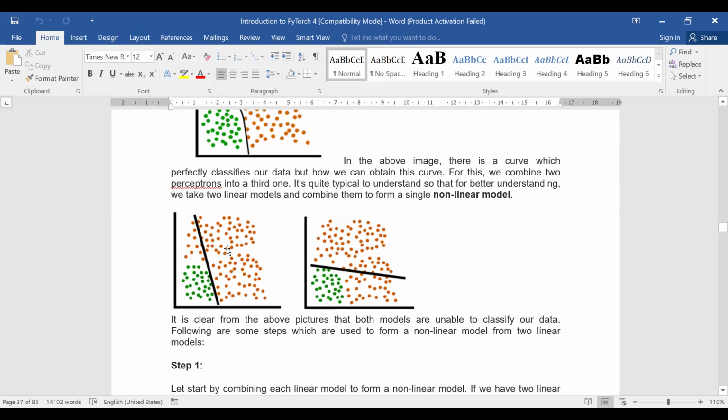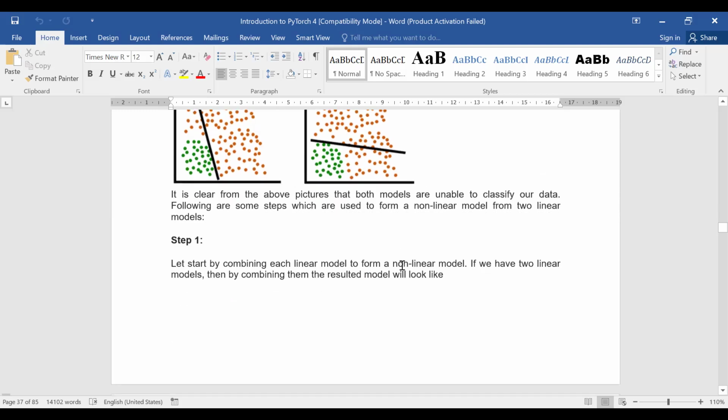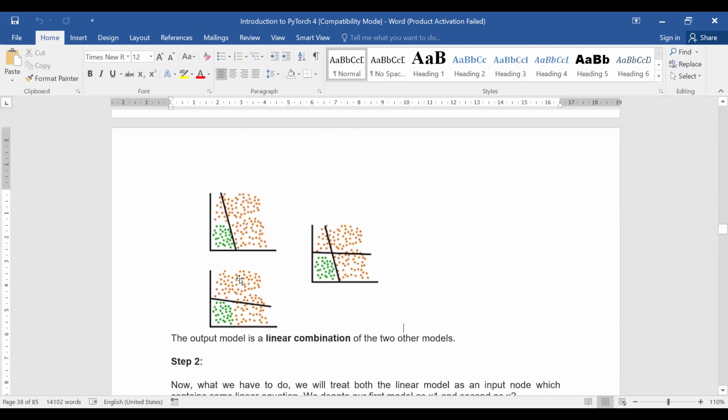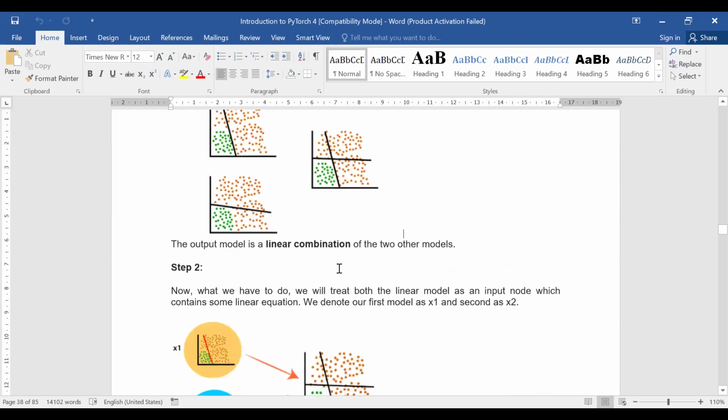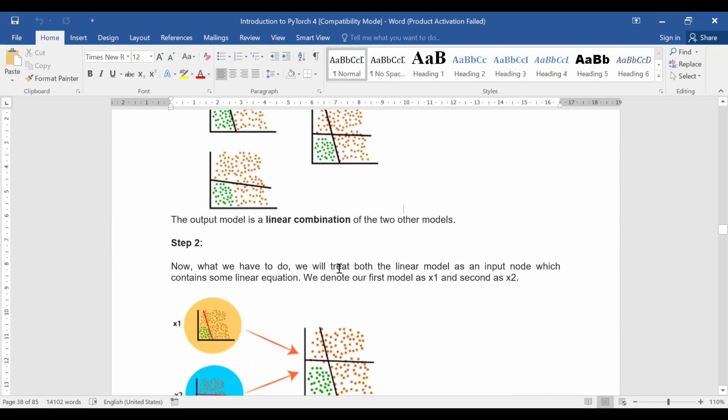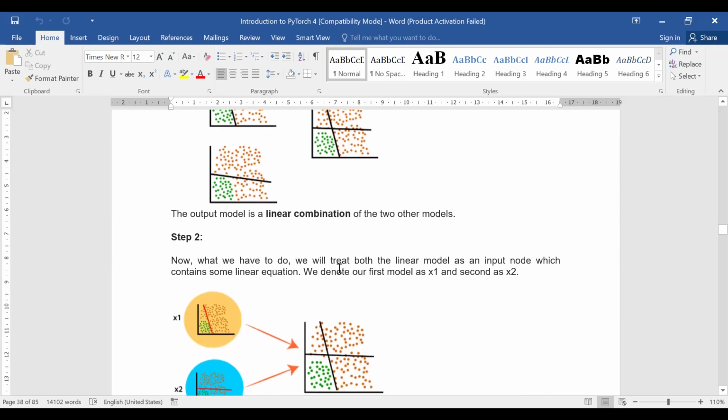This majority data is a different thing, and that data, the green dots, are different. Similarly, with the help of another prediction technique, we find this. And after combining both of them, we can extract the accurate data. That is why the more layers we add, the more accurate it becomes.